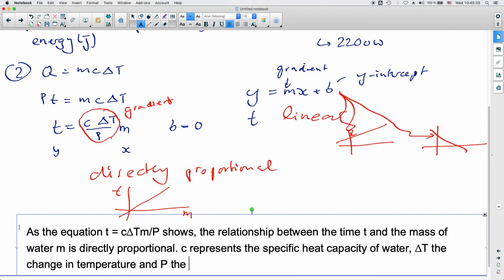And P, the power of the kettle. There we go. You've defined all of these symbols. You have a mathematical formula to back up your scientific statement, your hypothesis, and you're sorted. And then you can relate to that later on in criterion C when you evaluate your hypothesis and when you describe and interpret your data.